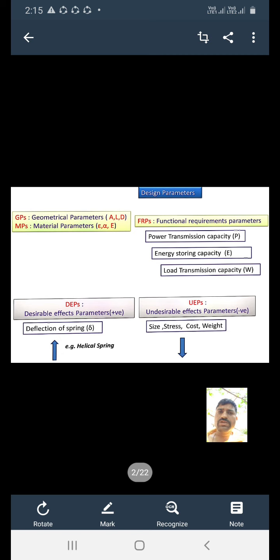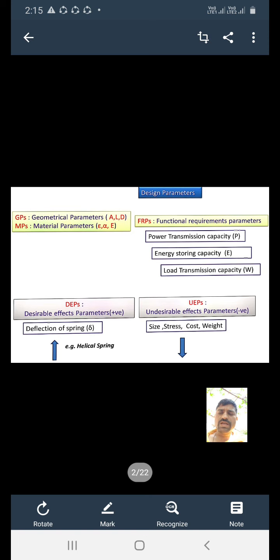Then next are the geometrical parameters. Geometrical parameters are those parameters which define the geometry of the mechanical element. For example, geometrical parameters for a spur gear.